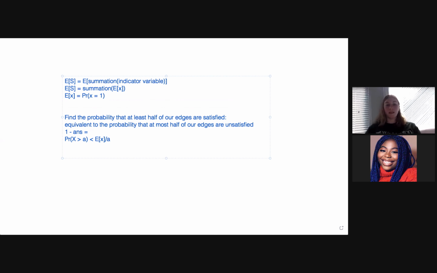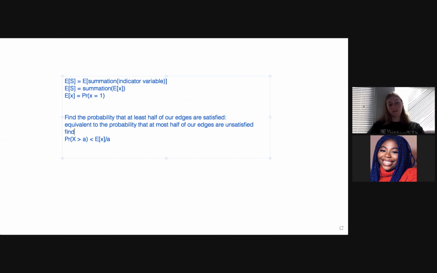Okay. So what you're essentially trying to show is that we can find the probability that more than half of our edges are unsatisfied, and then 1 minus that is going to be the probability that at most half our edges are unsatisfied.